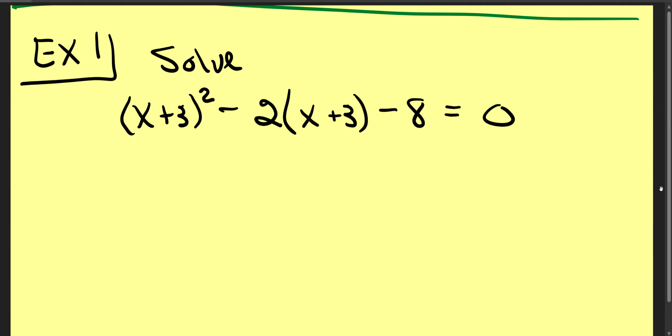I want to look at this differently and make it a little bit easier. For some of us, it may be easier if I use a little bit of substitution to get this back to the familiar ground that we're accustomed to.